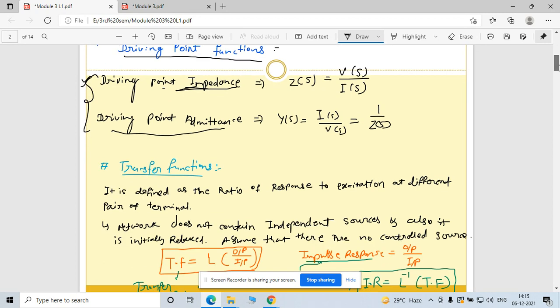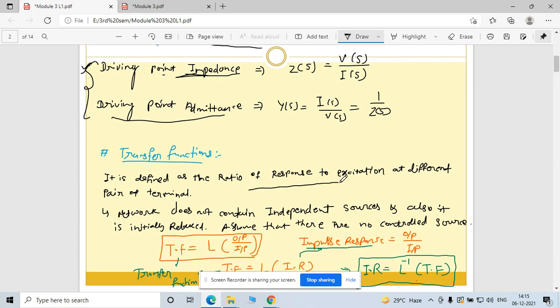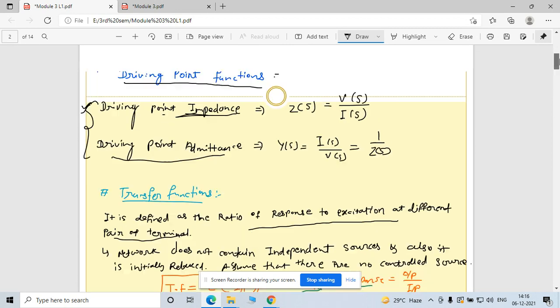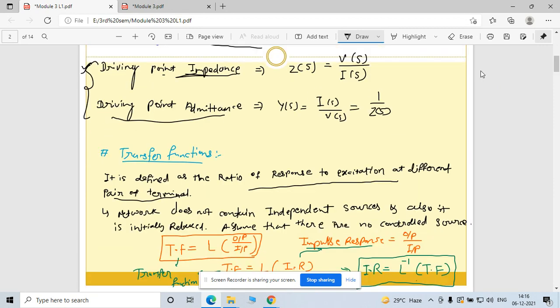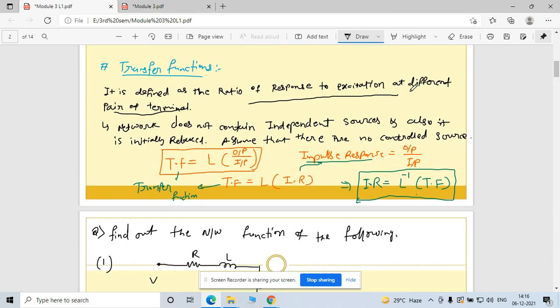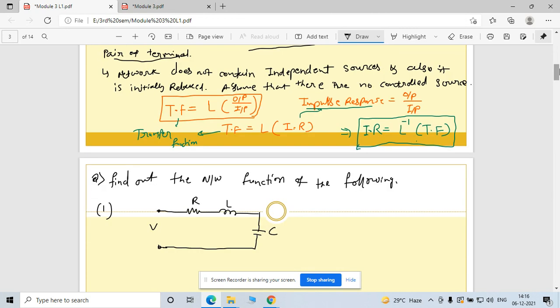And a transfer function is the ratio of response to the excitation at a different pair of terminals. Transfer function is nothing but your output to the input. See here, if I want to find the transfer function of this circuit, for example, this is your output port and this is your input port.